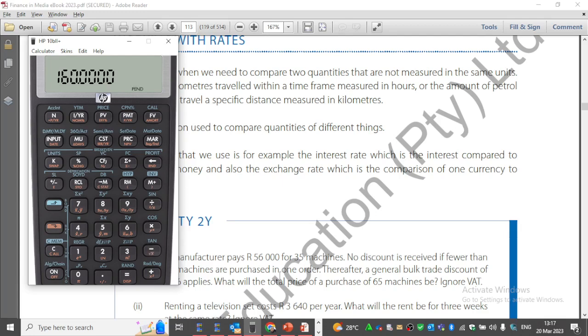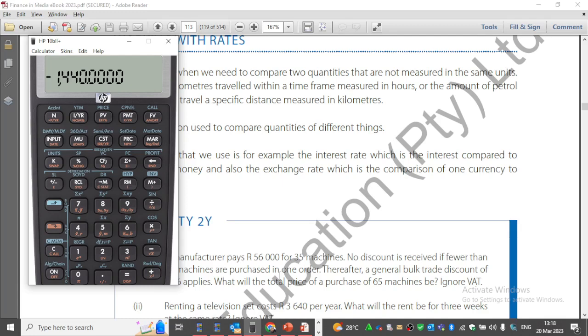So this means that the customer will end up paying 1,440. For every machine that is bought from 40 going upwards, the customer only pays 1,440 instead of 1,600.